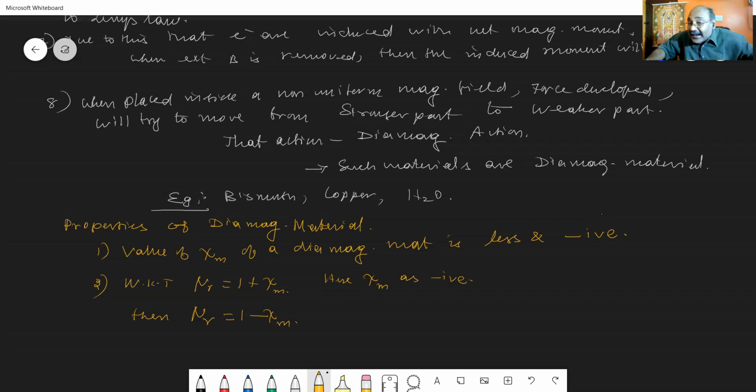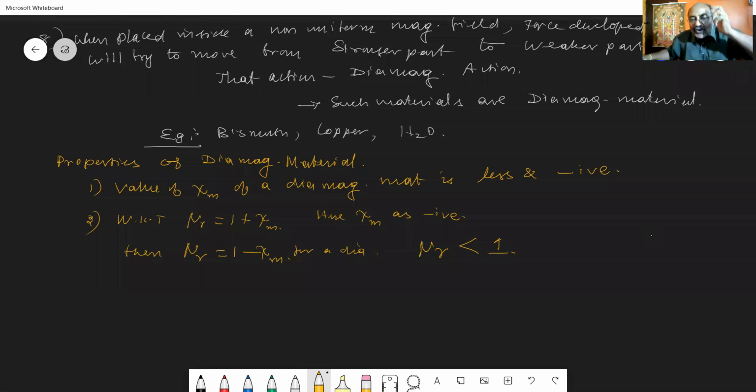Since mu r is 1 minus psi m, the value of psi m is subtracted from 1, so the answer will be less than 1. So the relative permeability mu r is always less than 1.